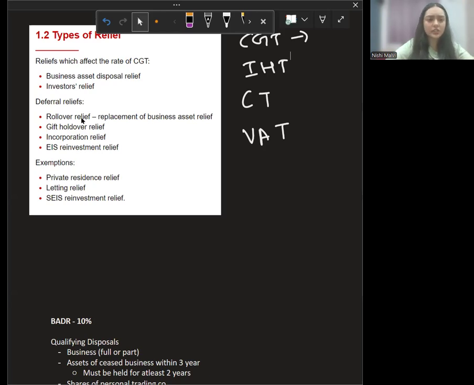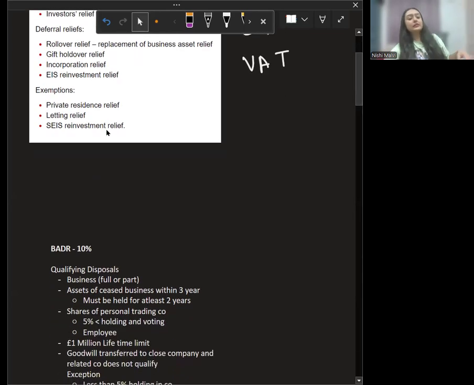All the conditions we will discuss once we move on to the topic. Then there are exemptions, like private residence relief, letting relief when you let out a property, and investment and reinvestment relief. Whatever gain you get on these assets or reinvestment, you get exemption on that, meaning you don't have to pay tax on it.